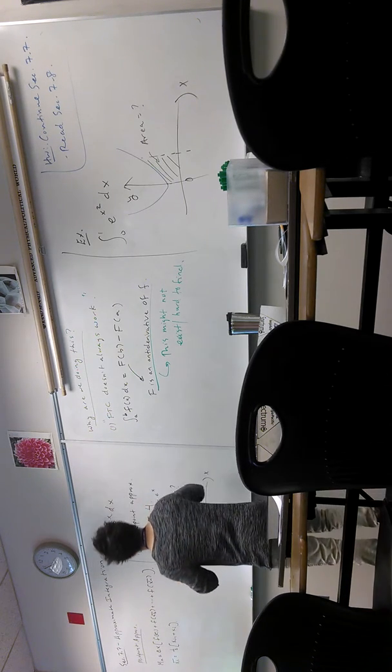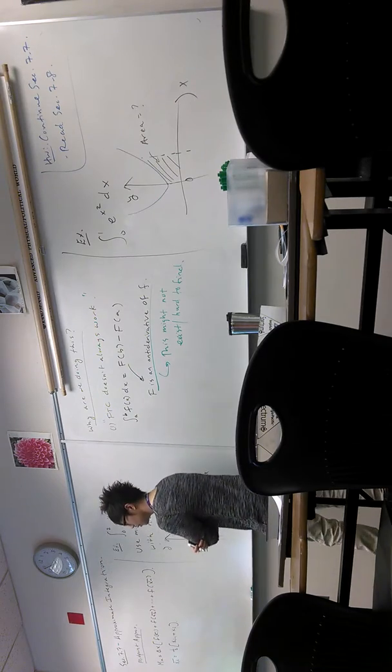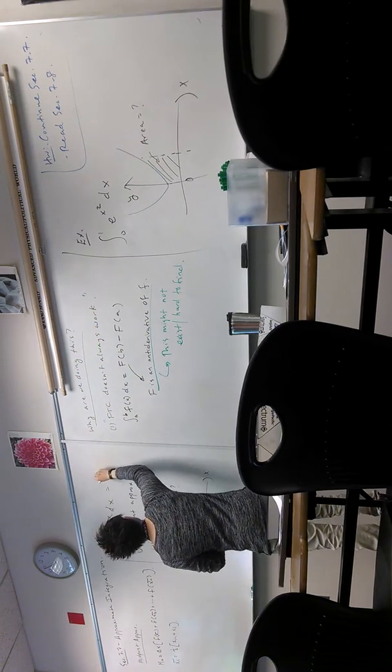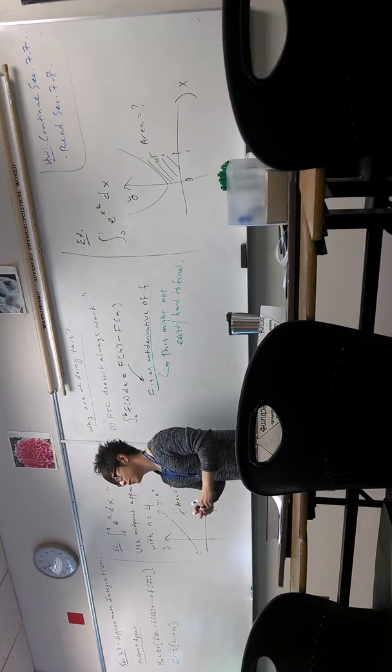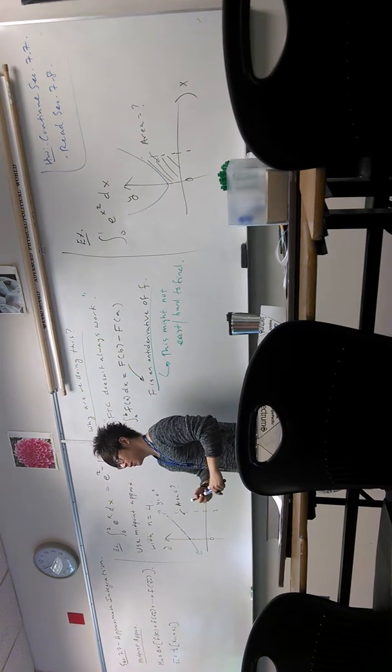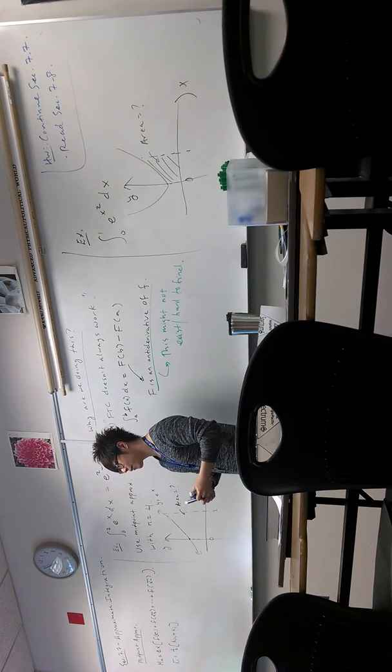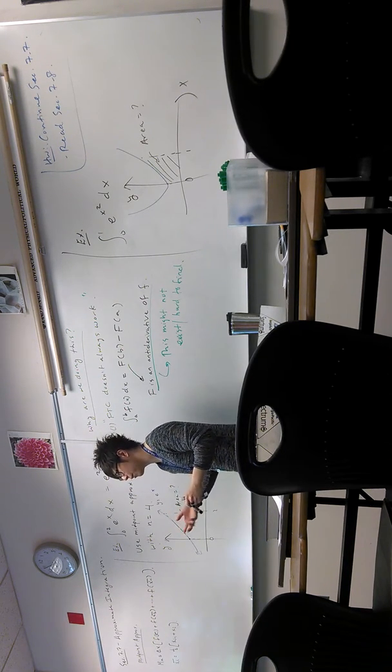E squared minus 1. How did you get that? The antiderivative of e to the x is e to the x plus some constant, so you evaluate that between 0 and 2. Plug in 2, you get e squared. Plug in 0, you get 1. Subtract, that's by FTC.